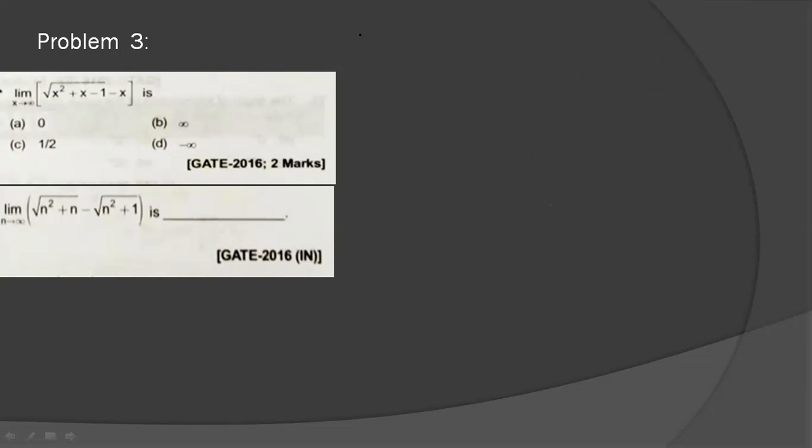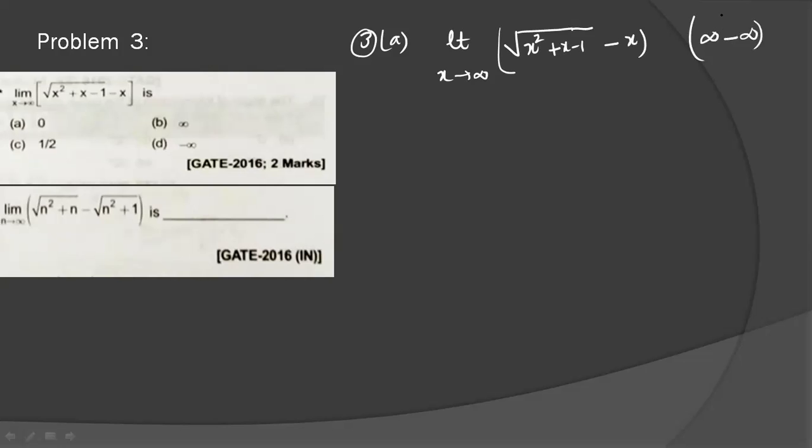So what is the first problem of third A? It is limit x tending to infinity of under root x square plus x minus 1 minus x. If you put x equal to infinity, you will get infinity minus infinity, which is an indeterminate form.